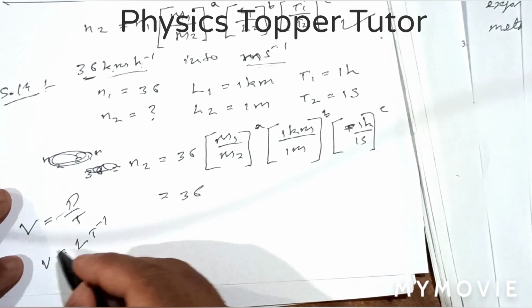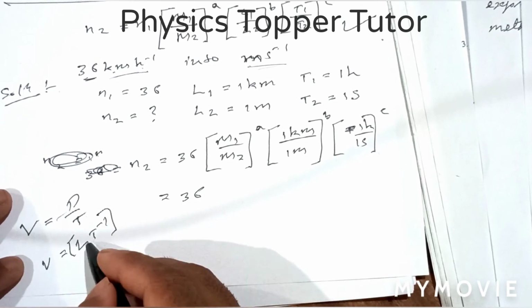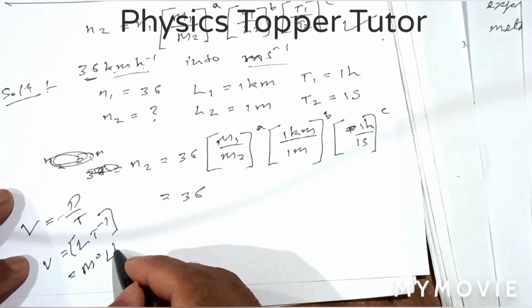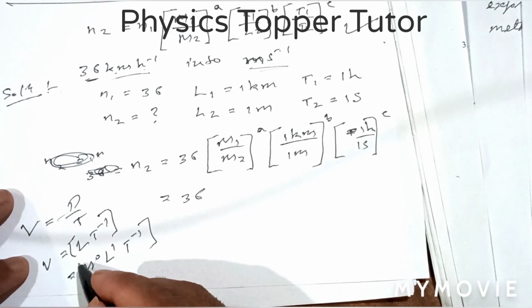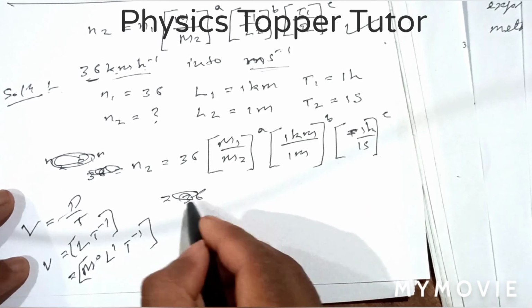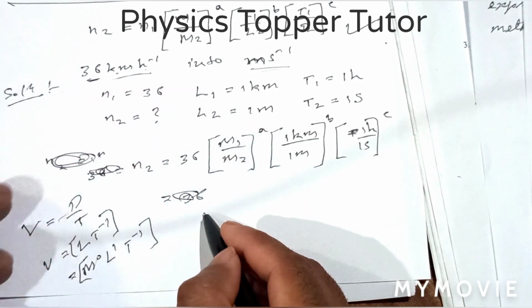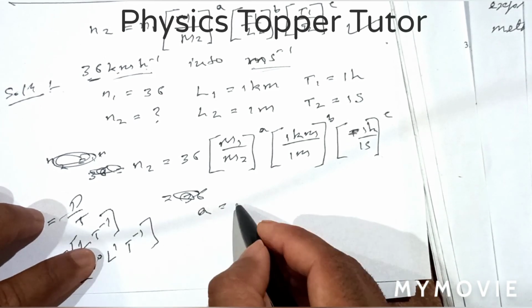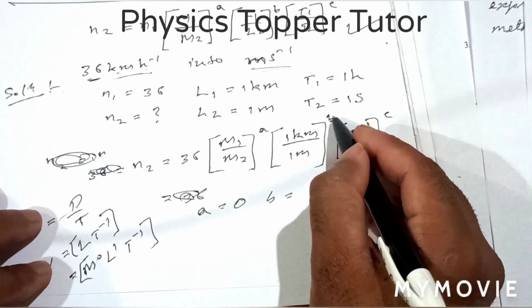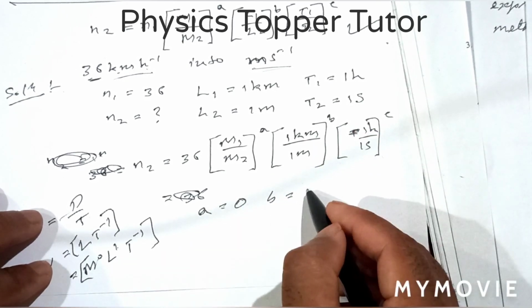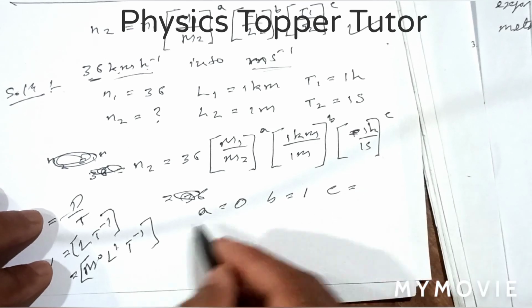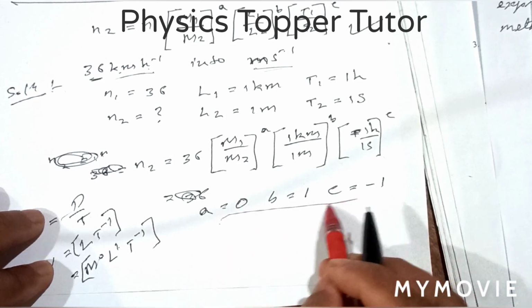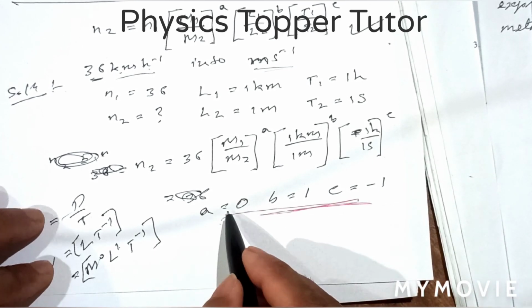Here if we compare the dimensional formula, m will be 0, l equal to 1, t equal to -1. So a is 0, b is 1, and c is -1. Now we get a, b, c.